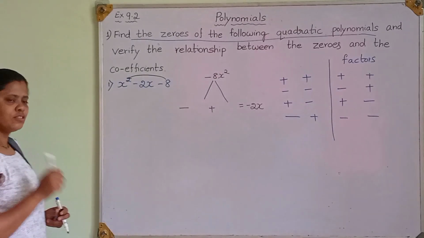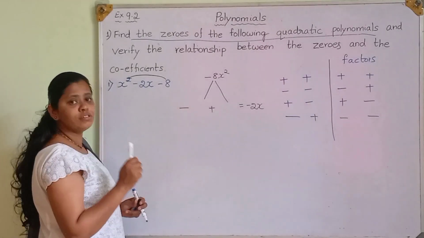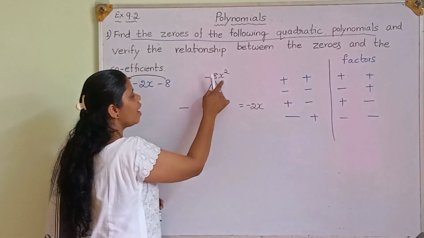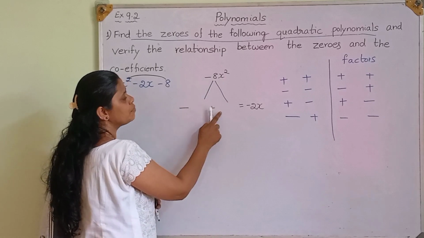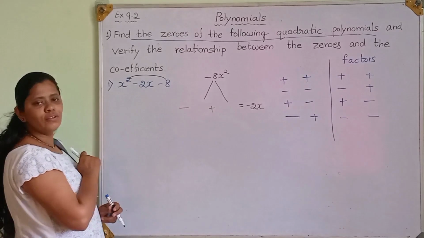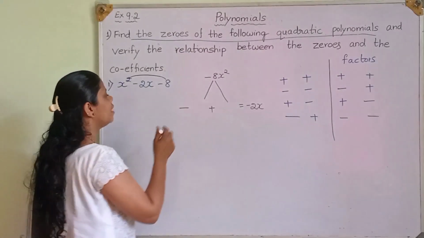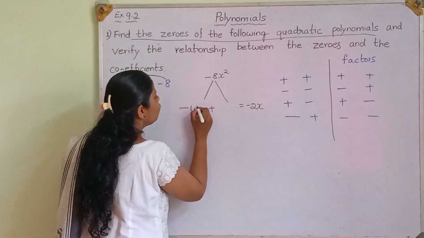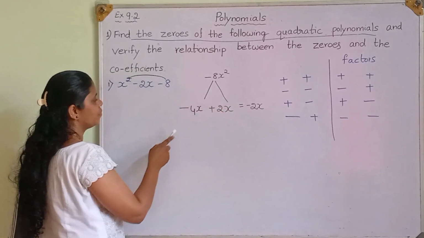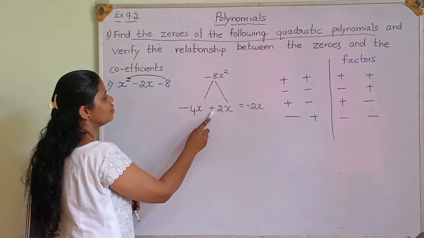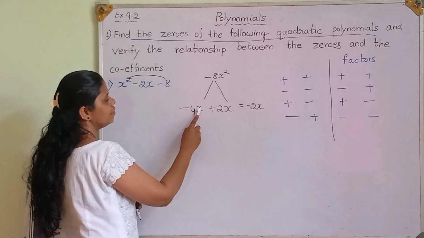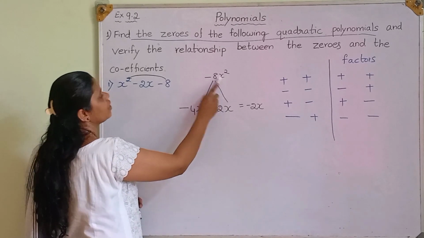So we have to choose two numbers. When we multiply them, we have to get this as the answer, and when we add them, we have to get this as the answer. Which are those numbers? 4x and 2x. See, minus into plus is minus. 4 twos are 8. x into x is x square.